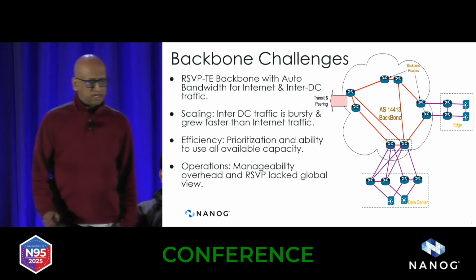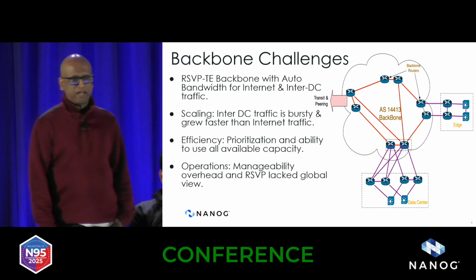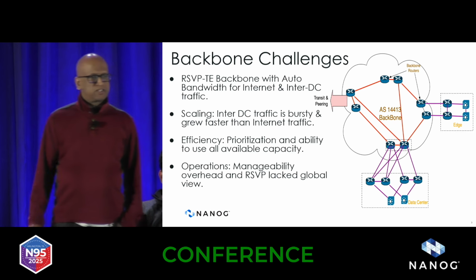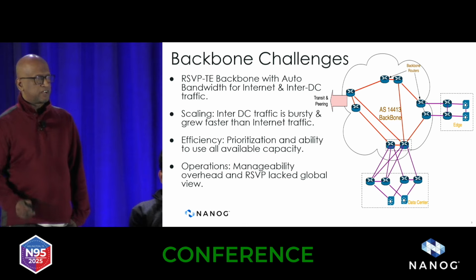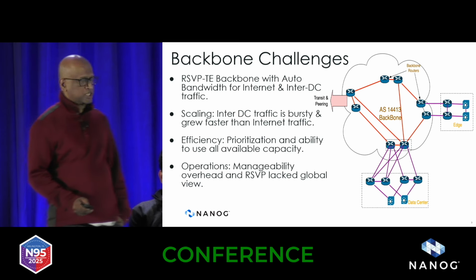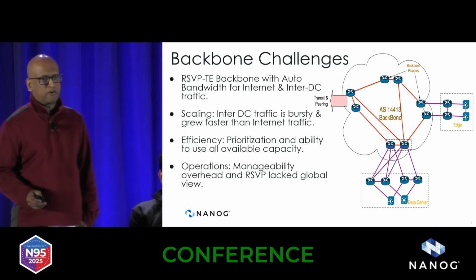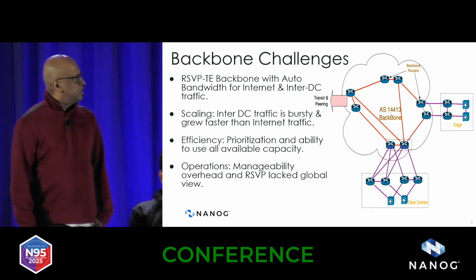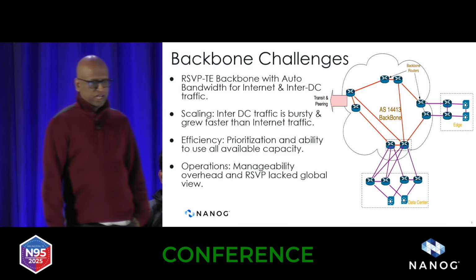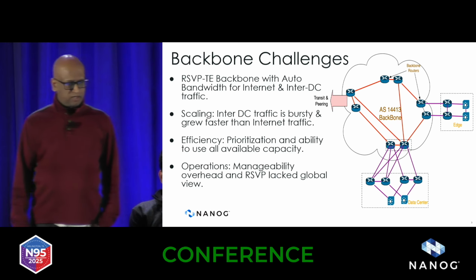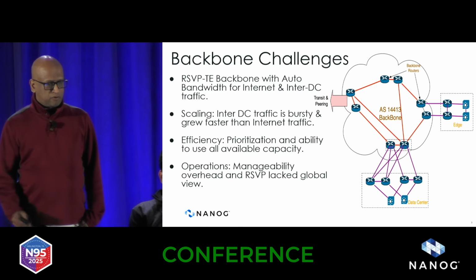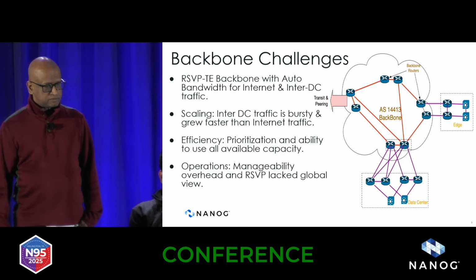But there is also bursty traffic which can use all the bandwidth, but does not need to arrive right away. There is an SLA by which that traffic needs to be in another data center, and it can use all the available bandwidth. So these are optimized for bandwidth.